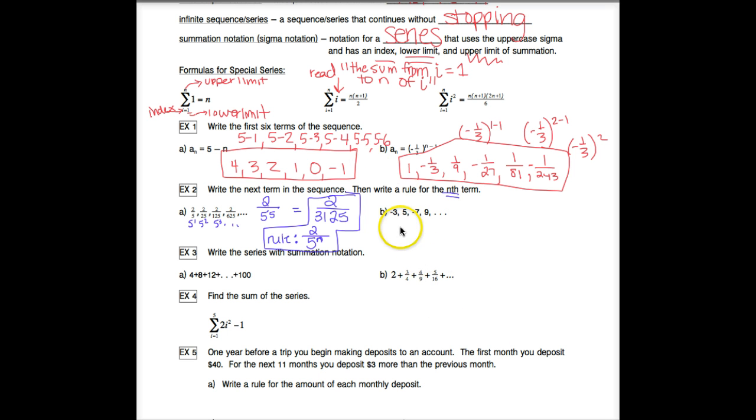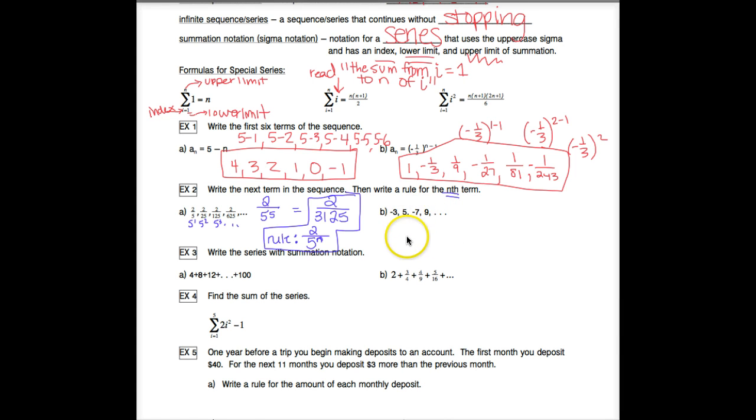All right, next one. Let's take a look at what's happening. -3, 5, -7, 9. There's a bunch of different things that we could try here. But the key that I notice is that I'm rotating signs, which means I know every single time I alternate signs, there has to be something negative raised to a power.